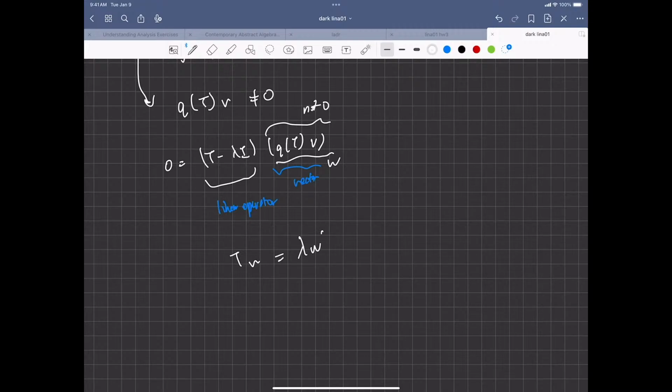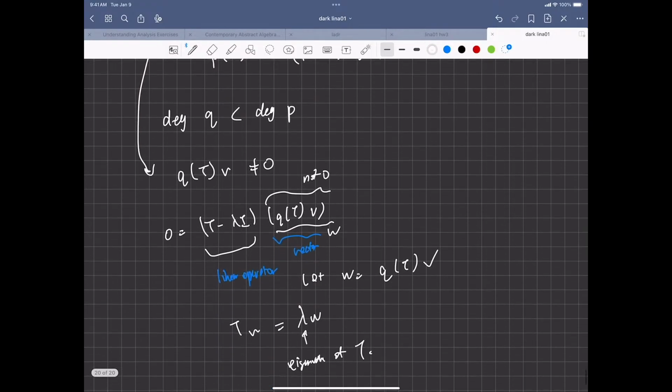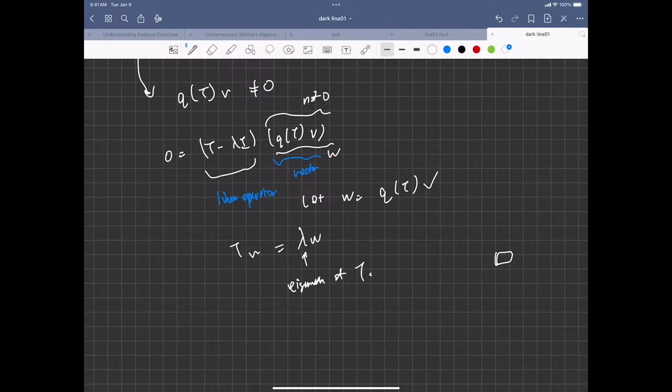But let w be Q of T of V. So what we found here is that lambda is an eigenvalue of T. So we are basically done with the proof.